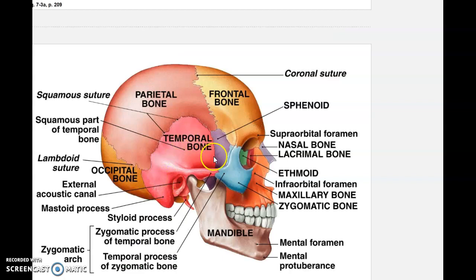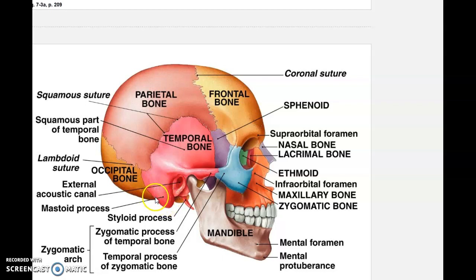Okay, notice from this external lateral view that I've got this suture line here called a squamous suture. And squamous means flat, and this portion right through here, if we rubbed your hands on it, it would be very smooth and flat. So this is the squamous region, or part of the temporal bone. Now, if I go down to this area right through here, this is where the mastoid process is.